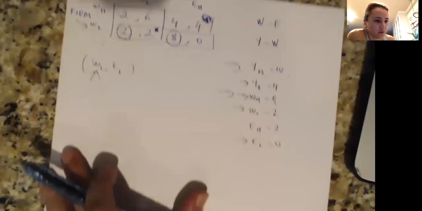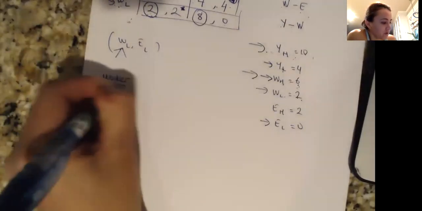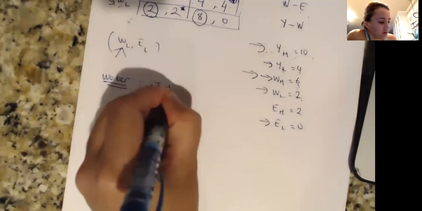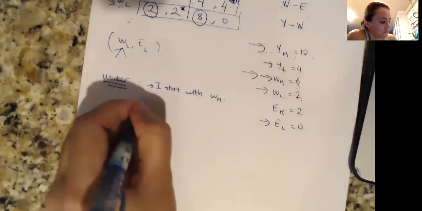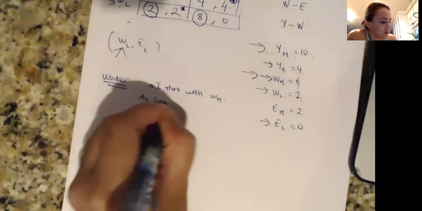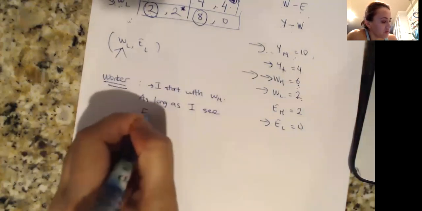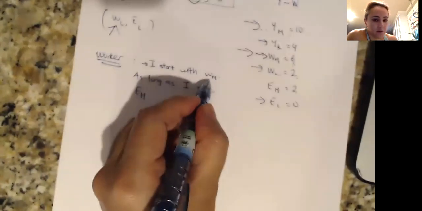So in other words, here what we will do is the worker is going to play the following strategy. I start with high wage. As long as I see that you are putting high effort, I'm going to keep paying you high wage.